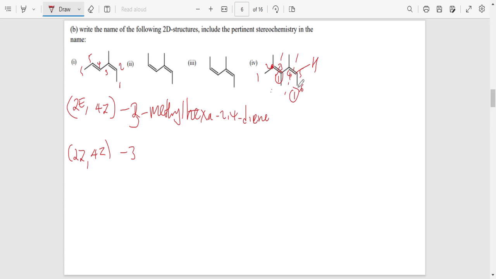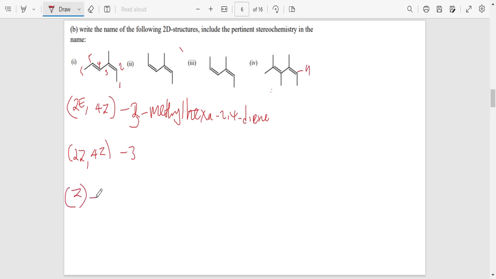They are on the same side, meaning that this is going to be a Z. Okay, so then what is going to be the name? We have already seen for the other one that we are not going to name the first part, but for the other one here, the groups are on the same side. This is going to be Z.